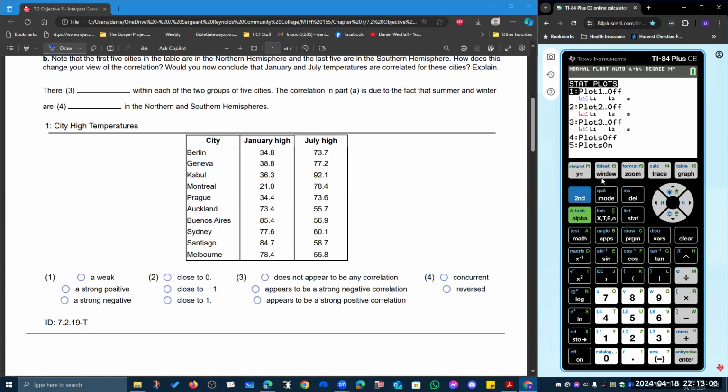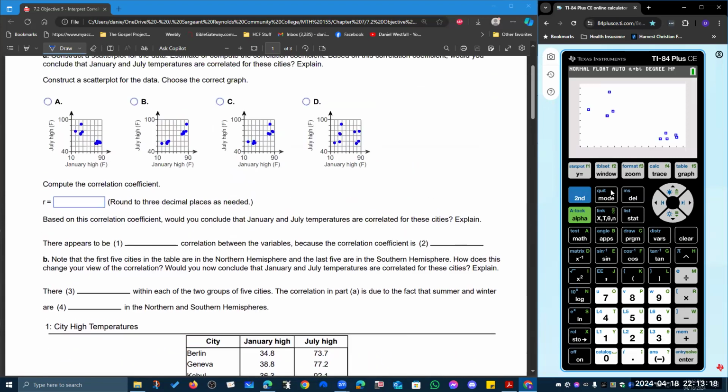So let's go to stat plot, turn our plots on, and plot L1 versus L2. And we want to zoom 9, and let's make our window go from 10 to 90, and our scale needs to be by tens, I believe.